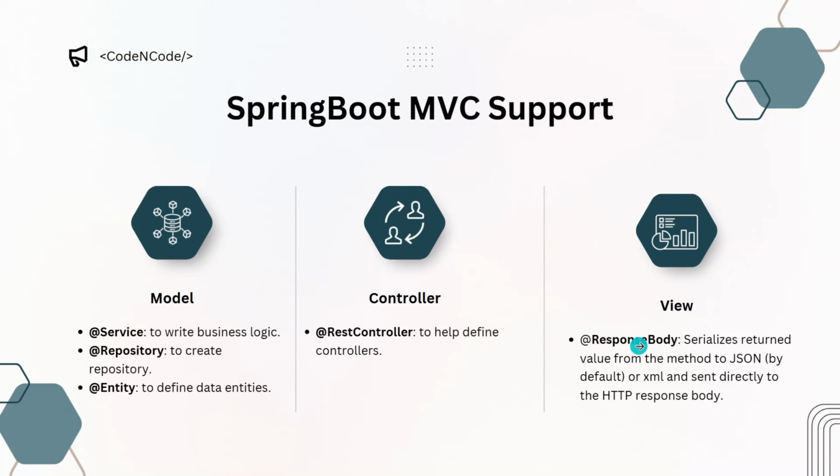So @RestController comes with @ResponseBody, so you don't have to annotate any function with it, because when you are working with a REST application, Spring Boot assumes you will be sending back the result as either JSON or XML in terms of an HTTP response, right? So you don't have to include this specifically. The @RestController comes with it, right?